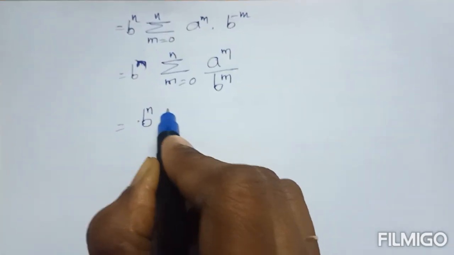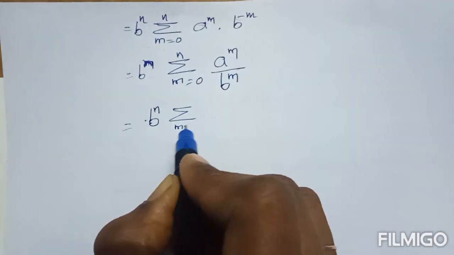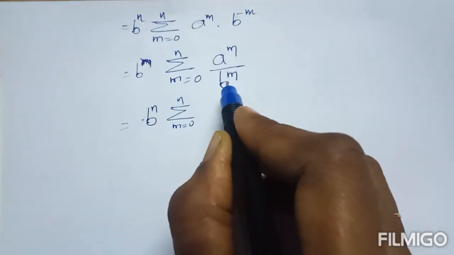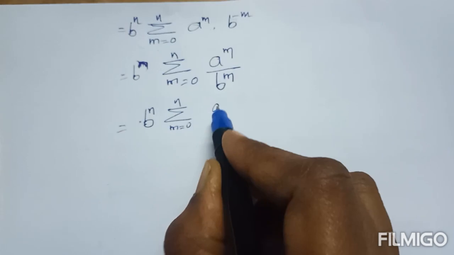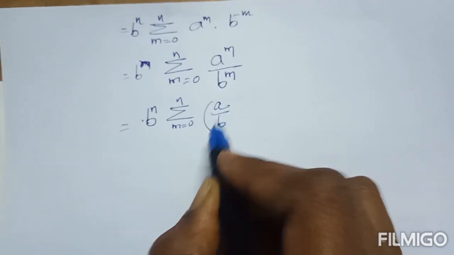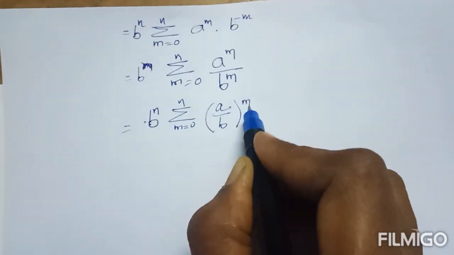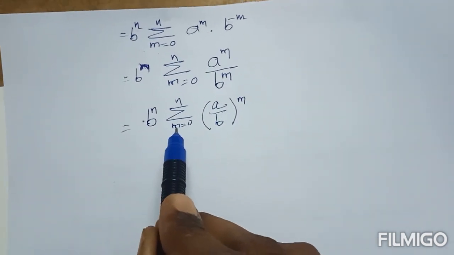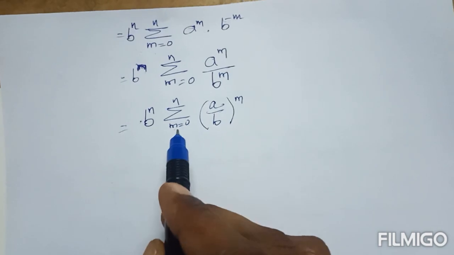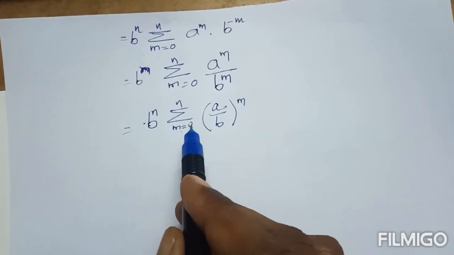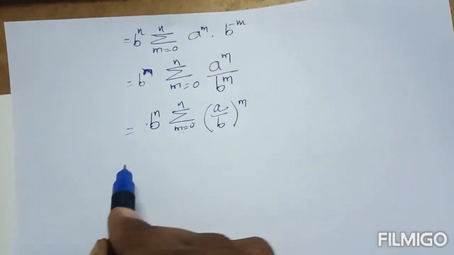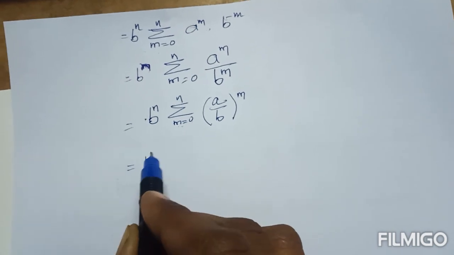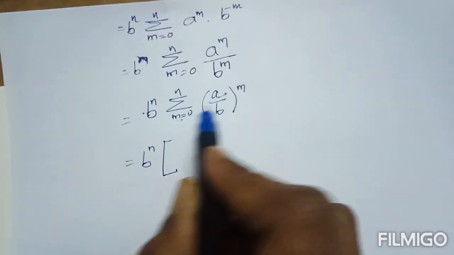Here both have the same power, so it can be written as a by b whole to the power of m. Now apply values for m only: m equal to 0 plus m equal to 1 plus m equal to 2. Likewise, expand the summation, b to the power of n into m equal to 0.